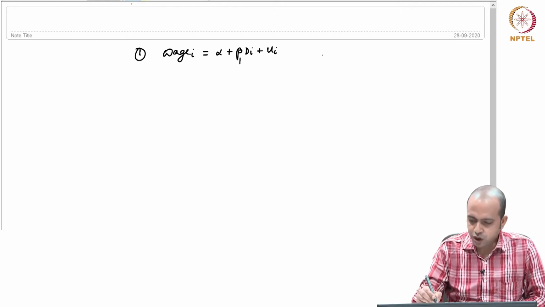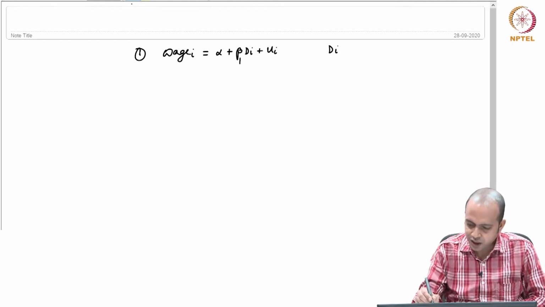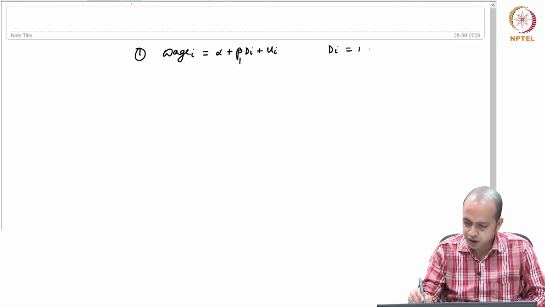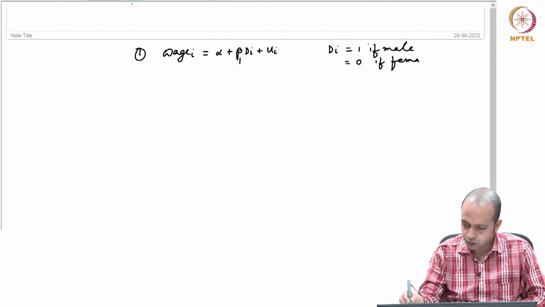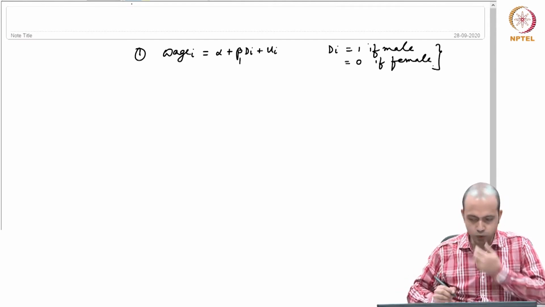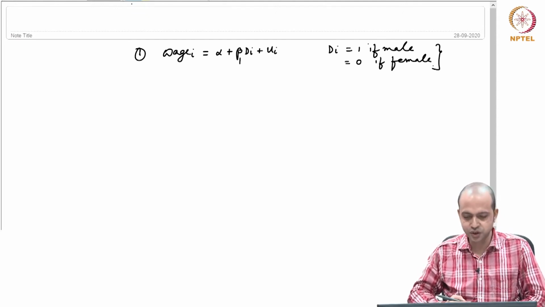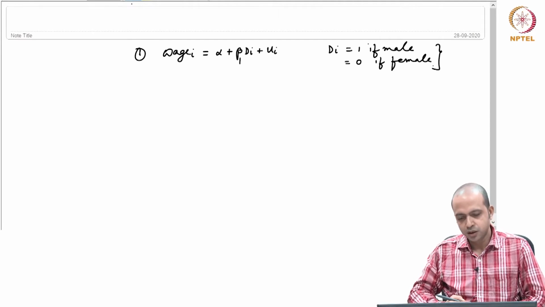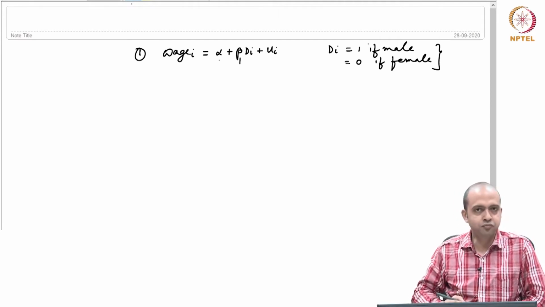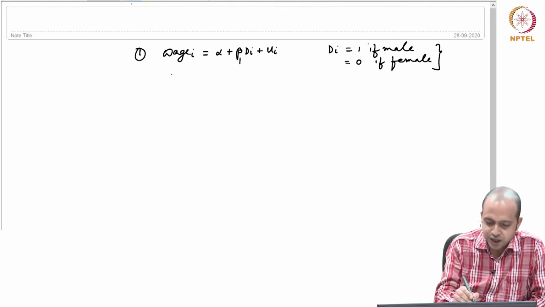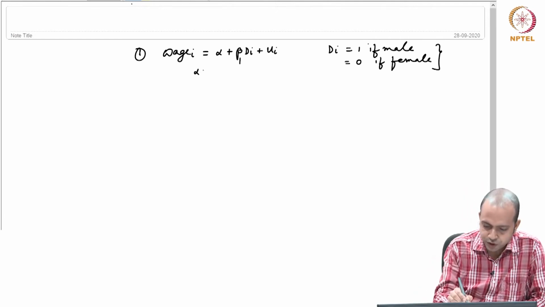And how was our di defined? Di was equal to 1 if male and 0 if female. These are the two categories of the gender variable that we were discussing. And then we said that when you do not have any other quantitative variable in the right hand side, what was the interpretation of the intercept?